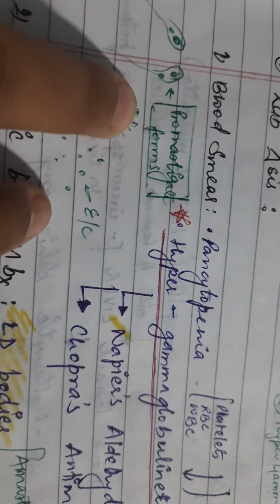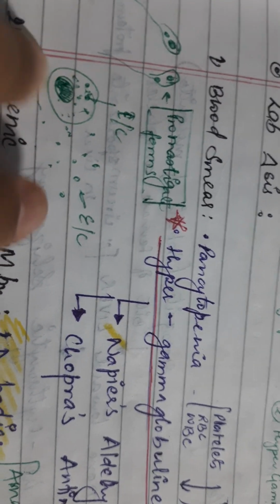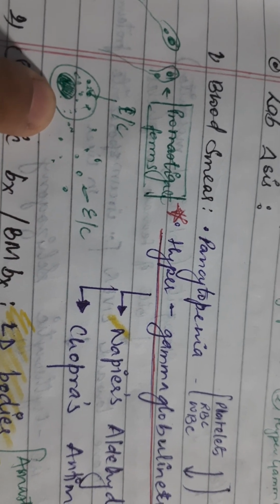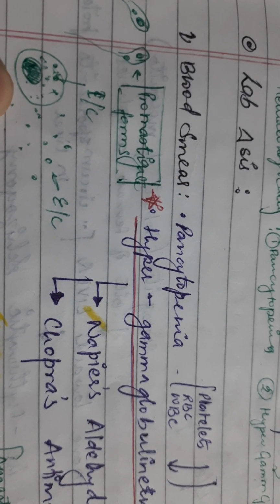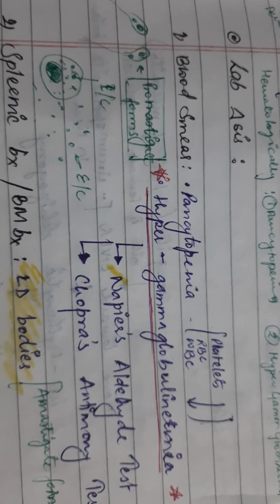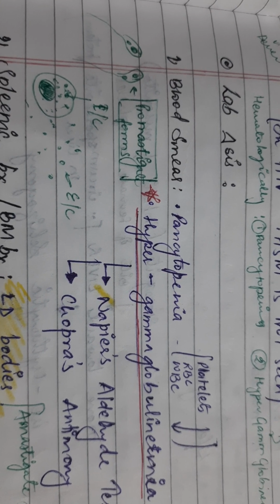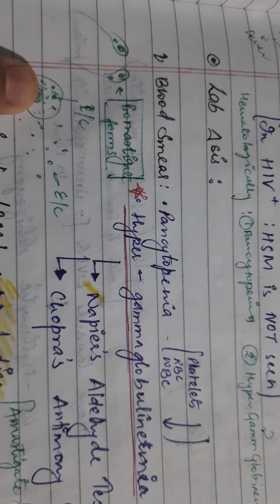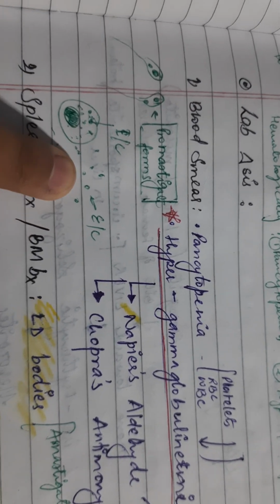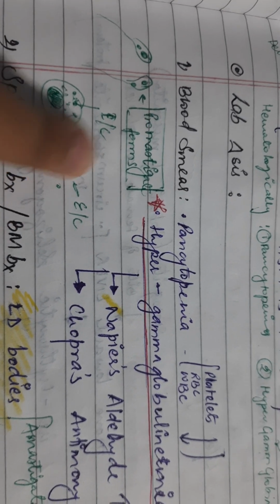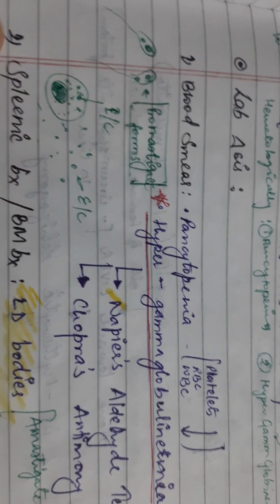The promastigote forms are seen like this, and intracellular amastigote forms.